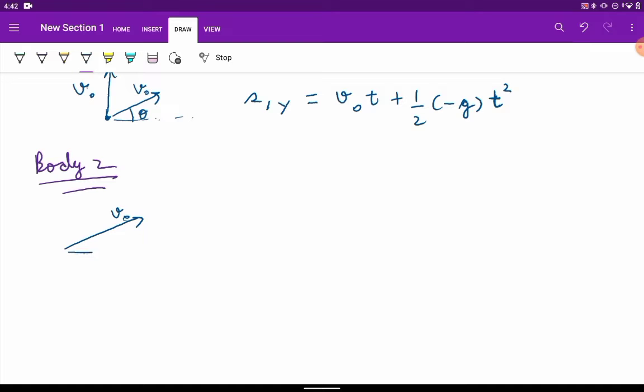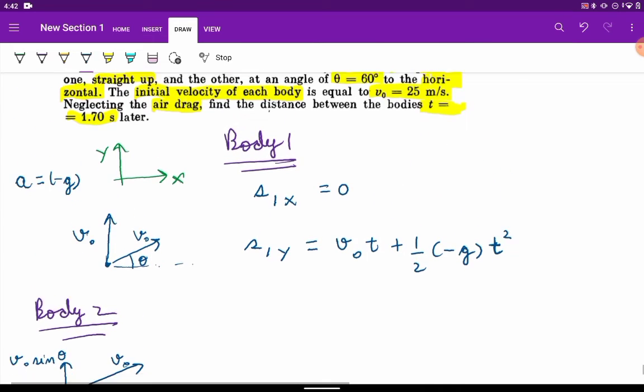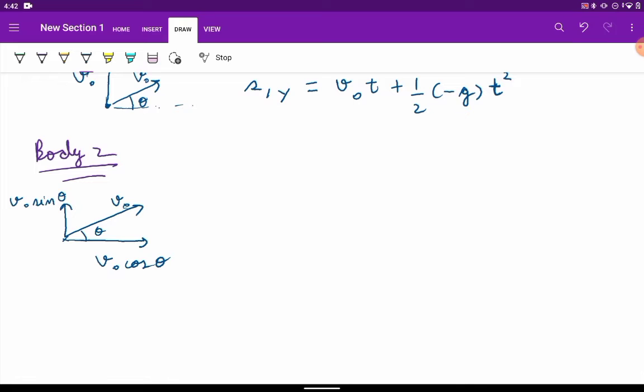In the horizontal direction it is v naught cos theta, in the vertical direction it is v naught sin theta. In the horizontal direction the acceleration is 0 and there is no air drag, so it's basically constant velocity in the horizontal direction.